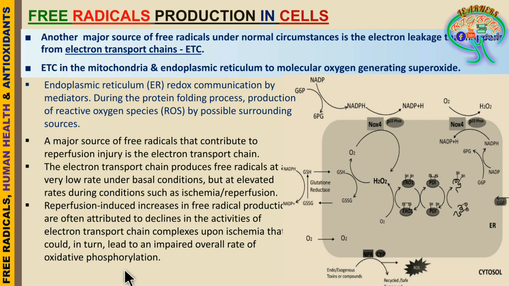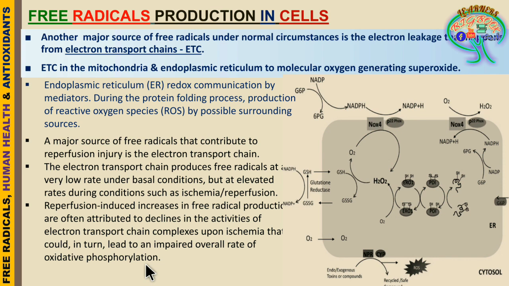Here, when ischemia reperfusion injury is happening, the stress or stimulus created on the mitochondria is going to lead to an impaired overall rate of oxidative phosphorylation.